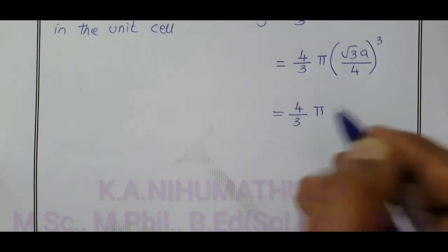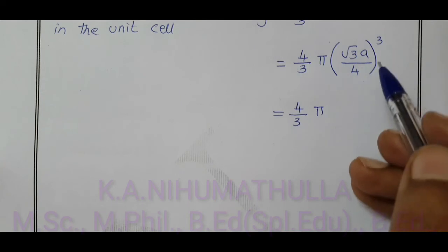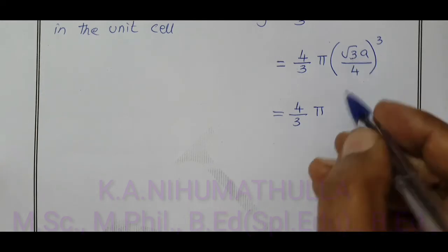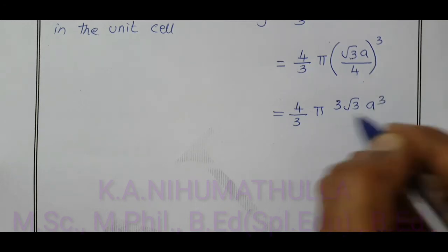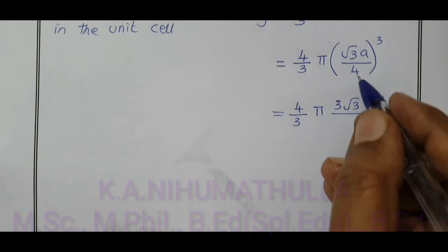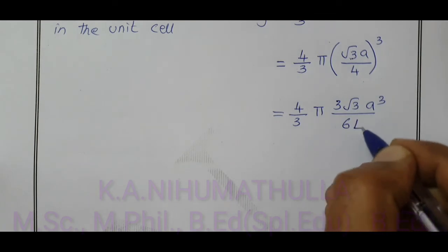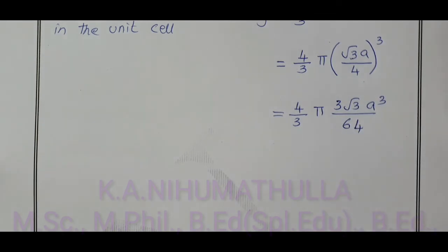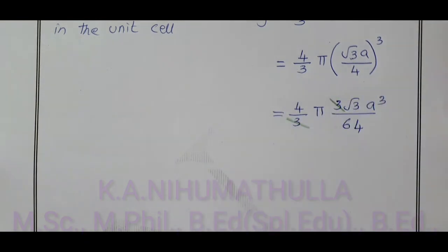That is equal to 4 by 3 pi, root 3 into root 3 into root 3. Root 3 into root 3 equal to 3, into root 3 A cube divided by 4 into 4 into 4, 64. Now we can cancel some of the values. 1 3 is 3, 1 3 is 3.